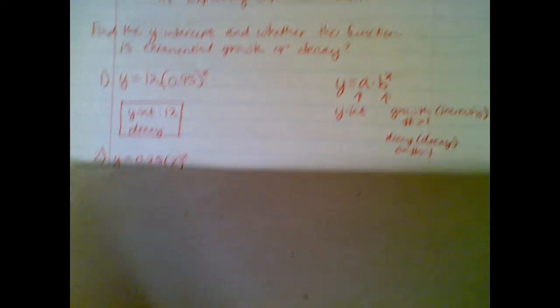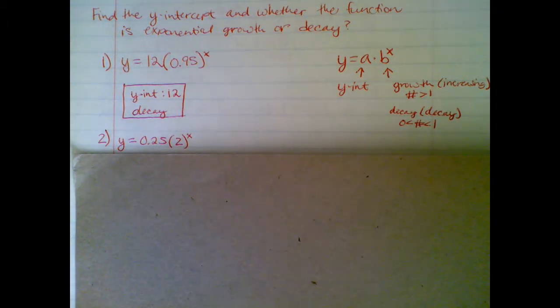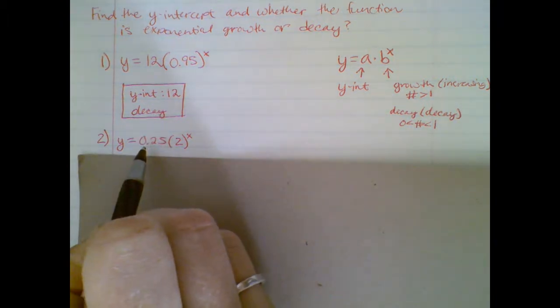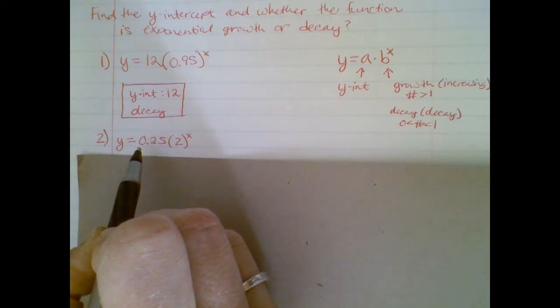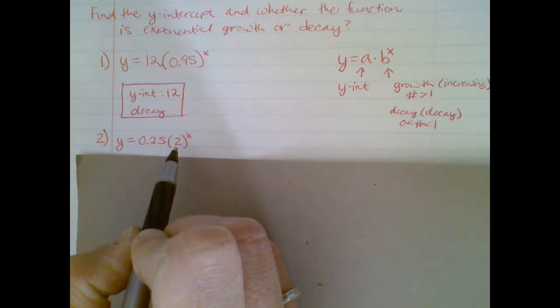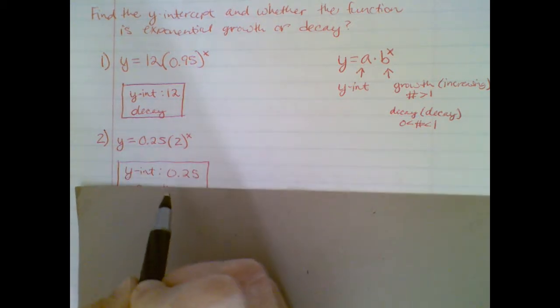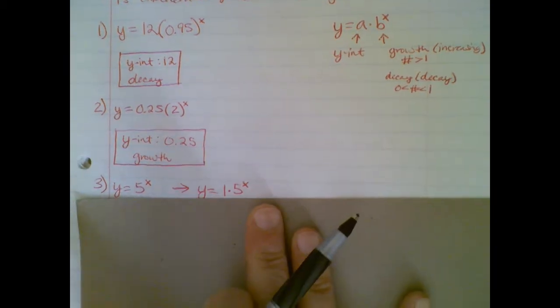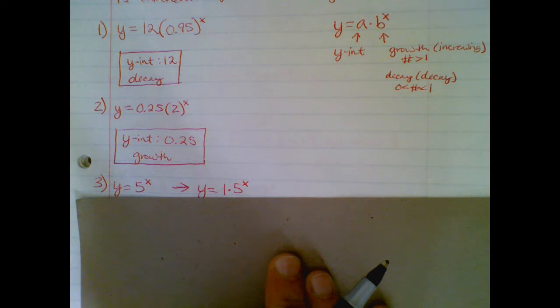So for number 2, if we didn't want to have to graph this on our graphing calculator, then we could look at this first number, 0.25, that would tell us our y-intercept, and then this 2 is a number greater than 1, so it would be exponential growth, or it would be increasing if we graphed it. Now this third example, notice how it's just y equals 5 to the x power.